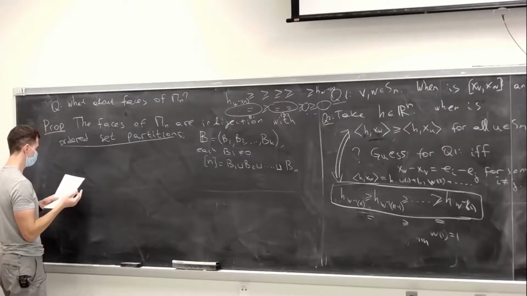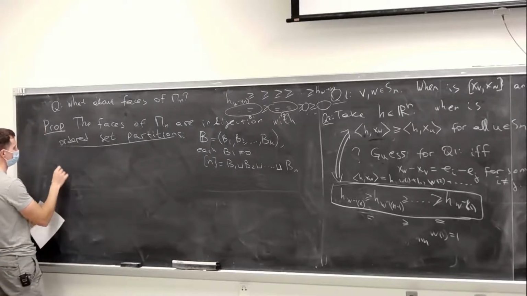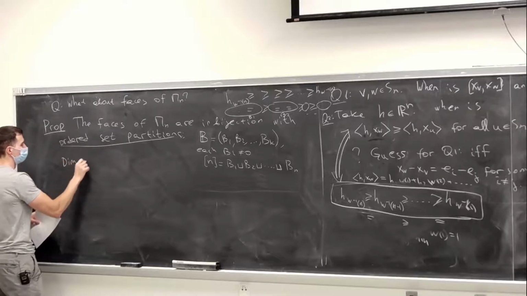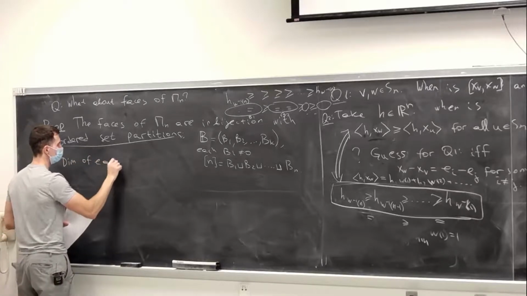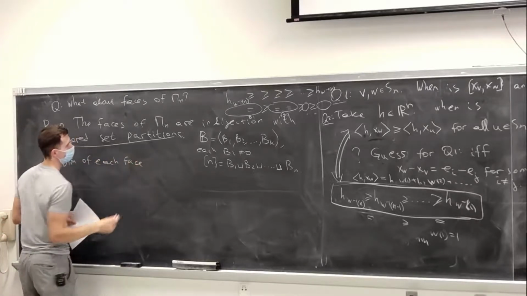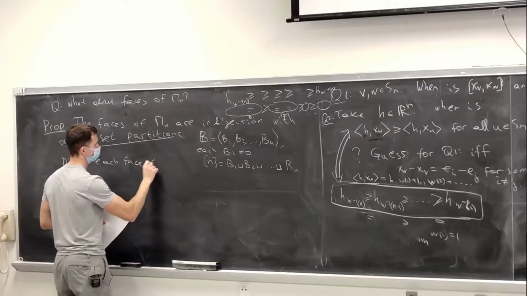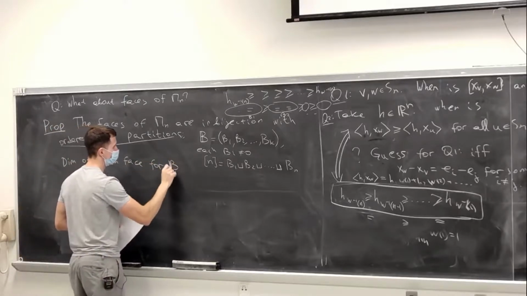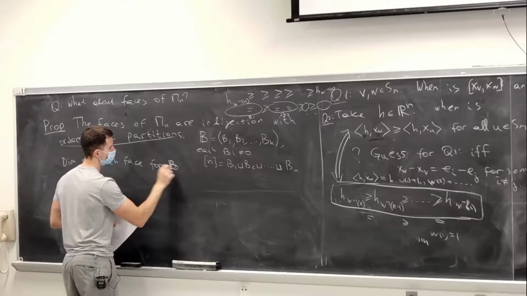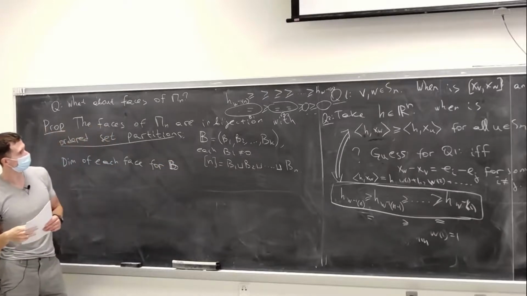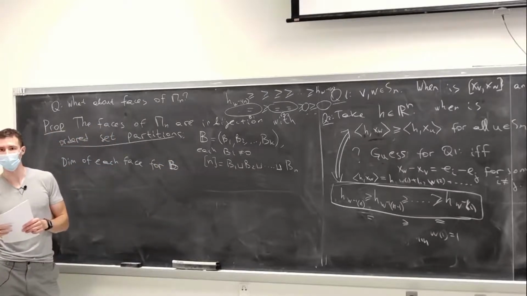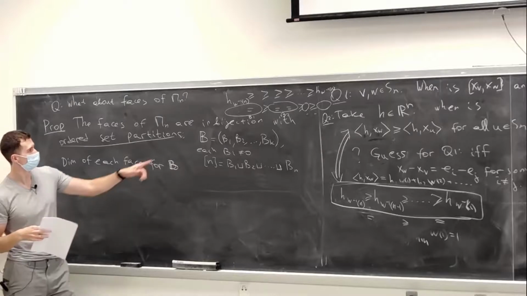And first of all, what is the dimension? If you give me a bold face B, what's going to be the dimension of the corresponding face if it's of this form?